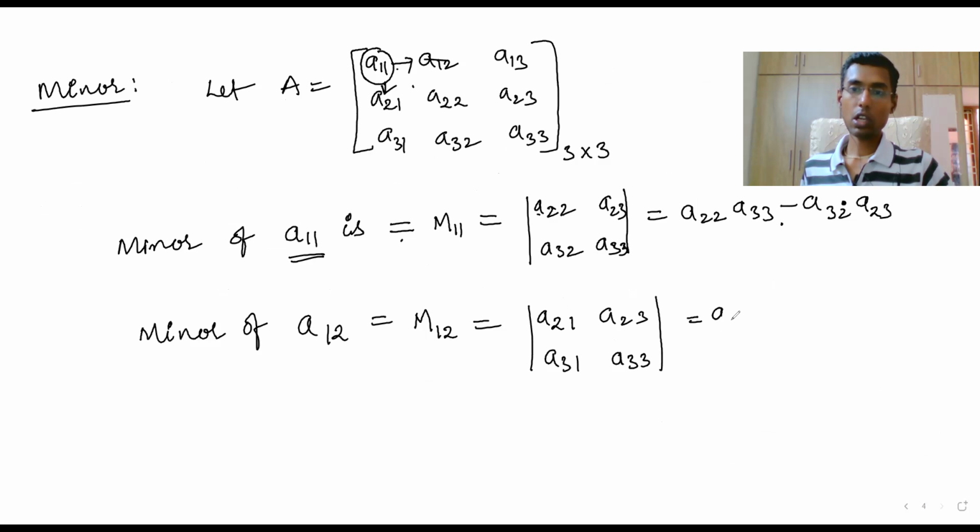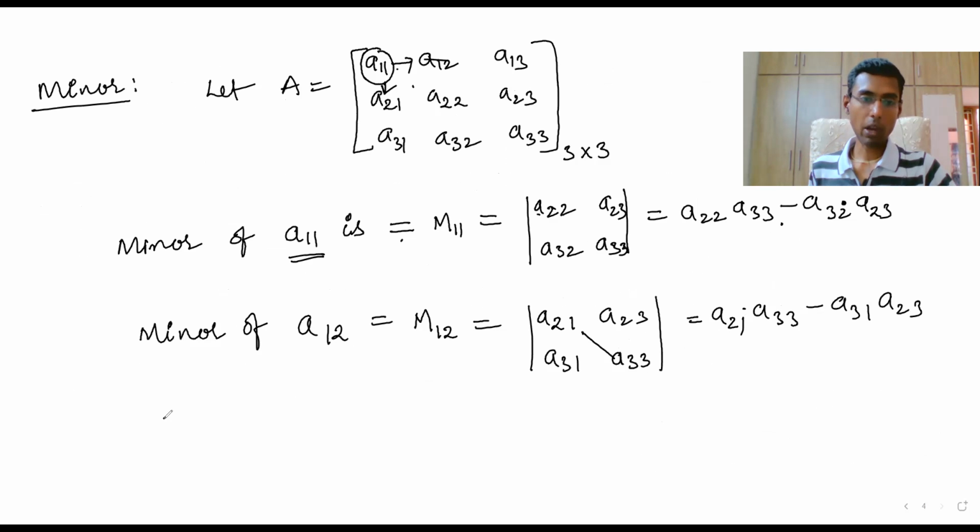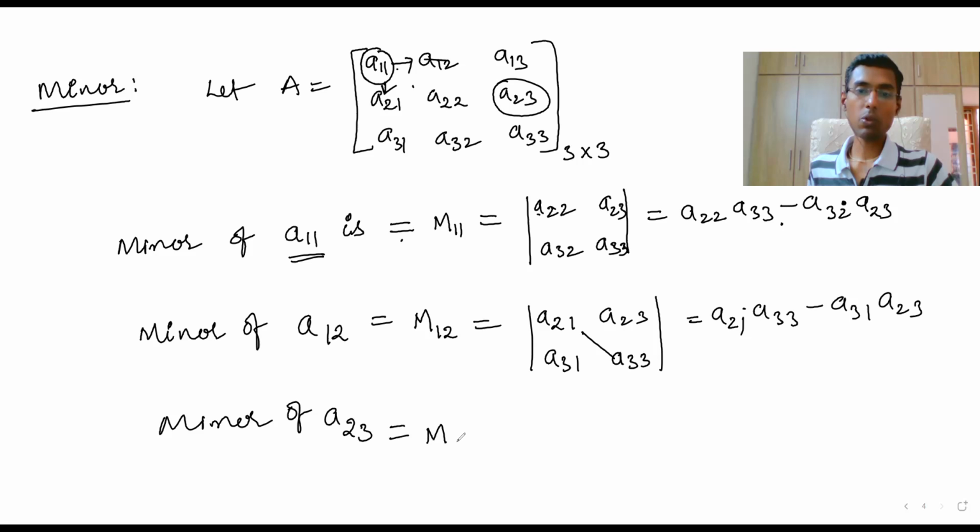So by removing the first row and second column, we get A21, A23, A31, A33, that is A21 into A33 minus A31 into A23. Hope you understand. Then you can find the minor of any element. Let's say the minor of this element A23 is M23.